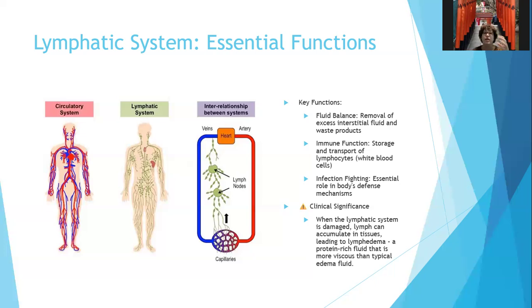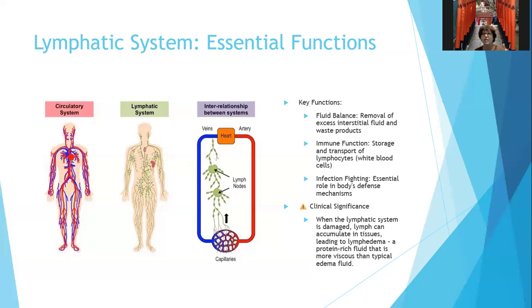The lymphatic system is also a big player in the immune system. That's where lymphocytes are stored and transported. So our B memory cells and our T memory cells that are just waiting there to be activated again are waiting in the lymph nodes. They're hanging out.